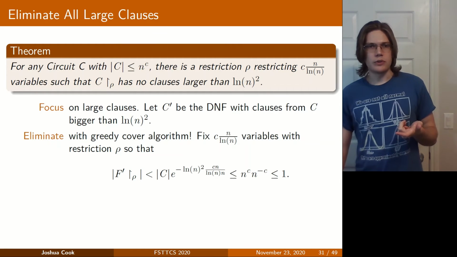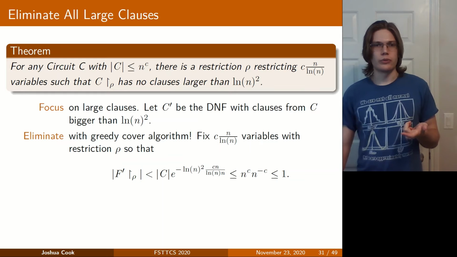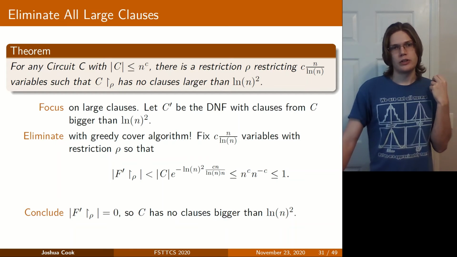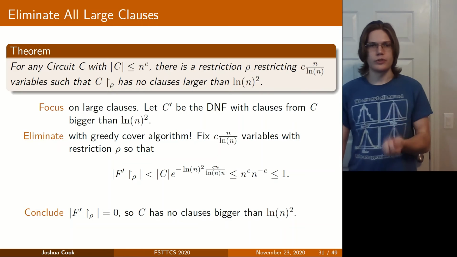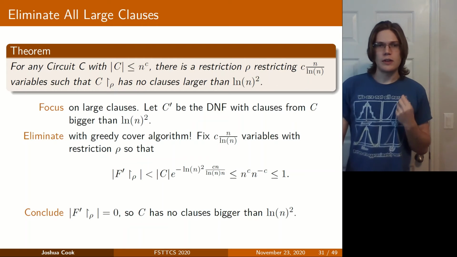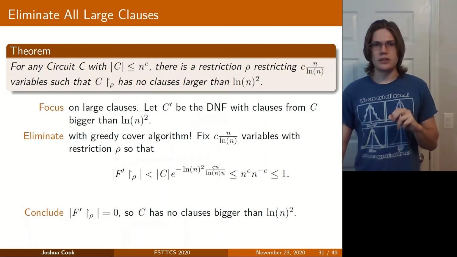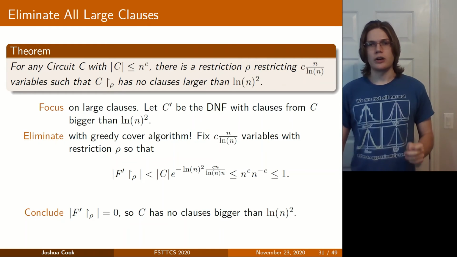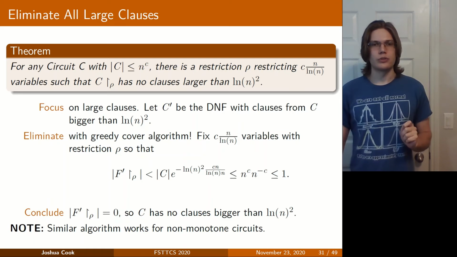And since that was a strict less than over here whenever we apply the restriction, that means that the number of clauses after our restriction are 0. So since f prime was the number of clauses that were bigger than log n squared, c must have no clauses bigger than log n squared after we apply the restriction.